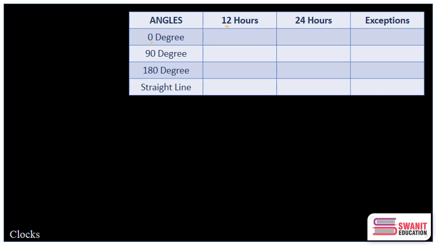Similarly, in 12 hours, how many times we have 90 degrees, 180 degrees, and how many times the needles are in straight line. Similarly, the same pattern follows in 24 hours 0 degrees, 24 hours 90 degrees, 24 hours 180 degrees and the straight line. So these are the standard 8 questions which are being asked from the clock segment.